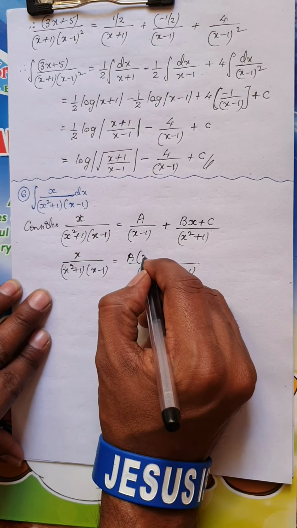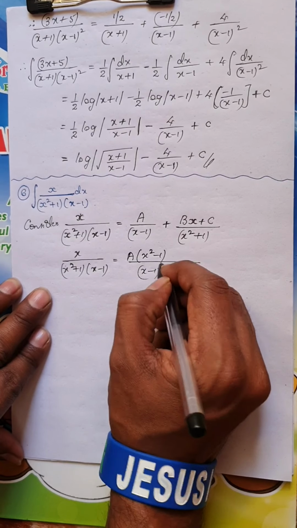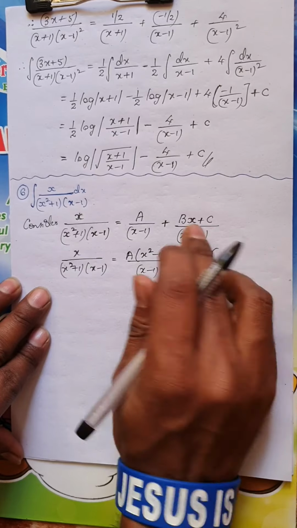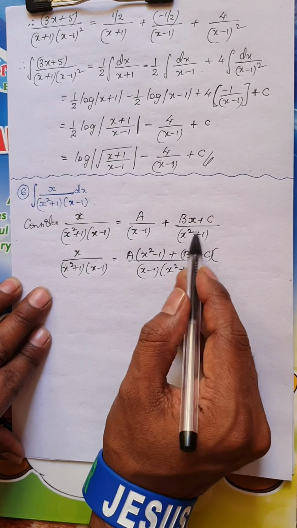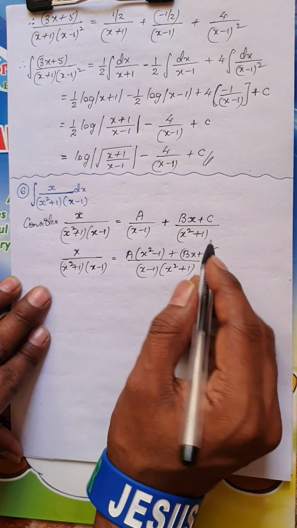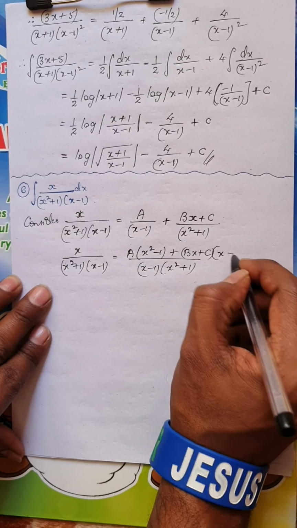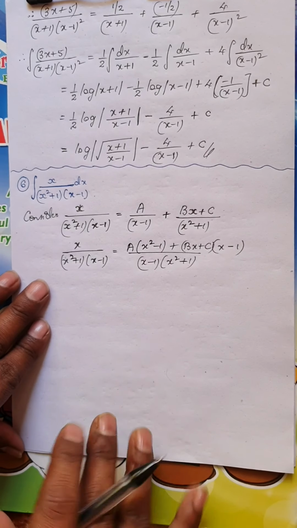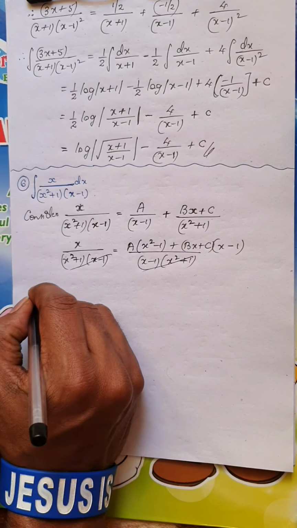So, I will have a into (x square plus 1), since x minus 1 is the factor cancelled, plus (bx plus c) into (x minus 1), because the factor I have here is x square plus 1 and the denominator will be cancelled.